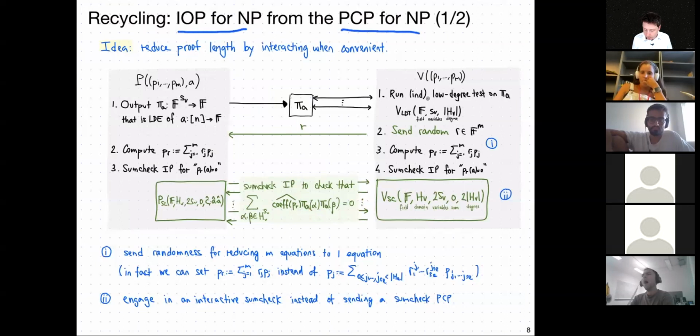So we have an interactive sum check instead of sending a sum check PCP. And this is going to be some number of rounds, roughly 2 SV rounds. So polylog rounds, a logarithmic number of rounds.